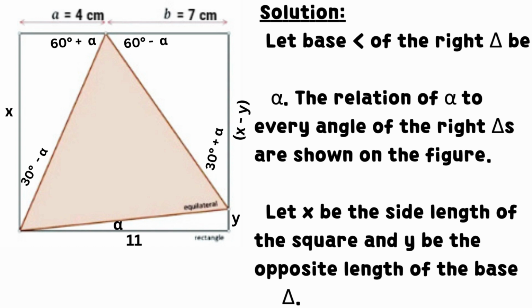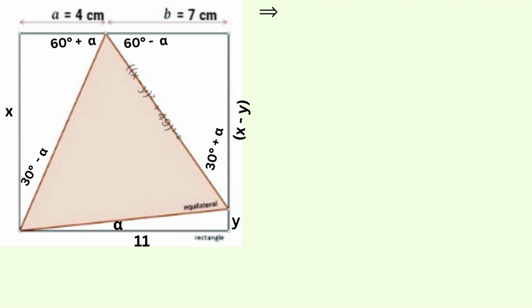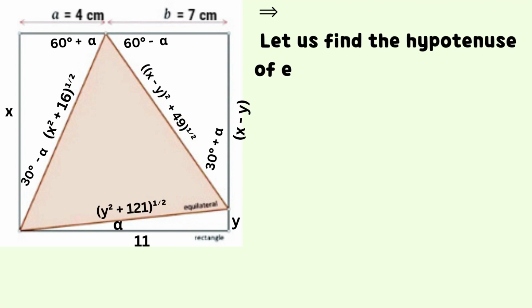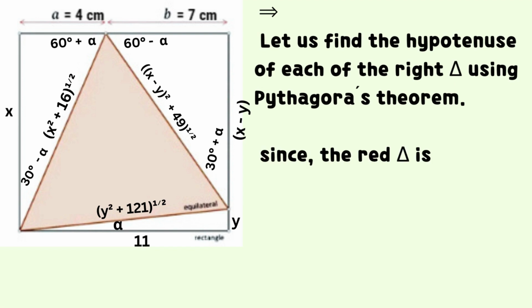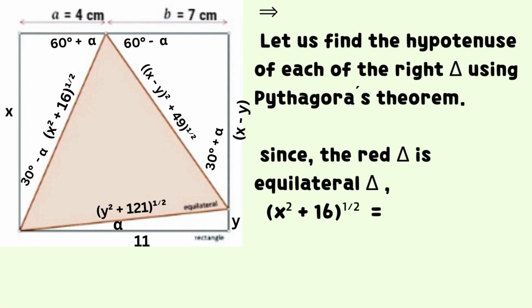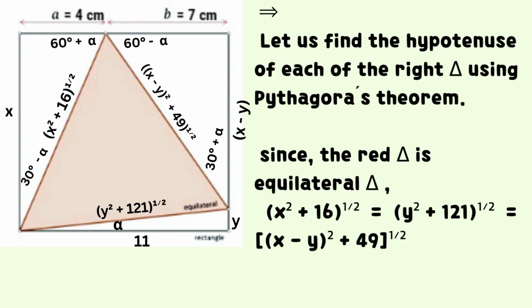Let x be the side length of the square and y be the opposite length of the base triangle. This means that we find the hypotenuse of each of the right triangles using Pythagoras' theorem.